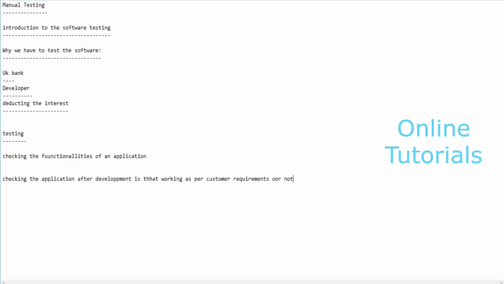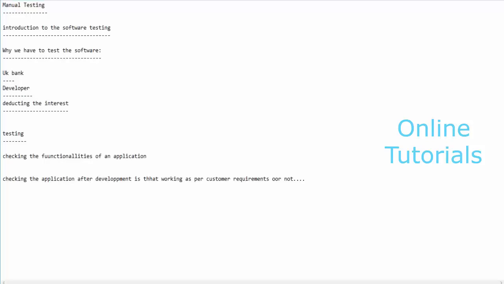That is testing. This is the previous days' definition, not the nowadays definition, which has been redefined again. We will discuss that. Here we are testing the application after developing the total application.